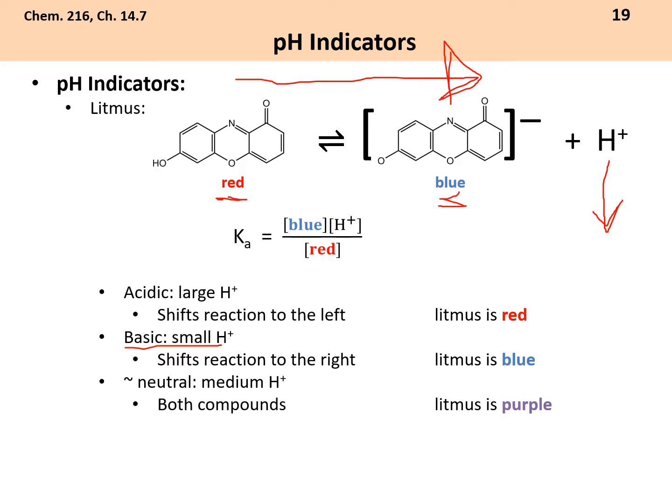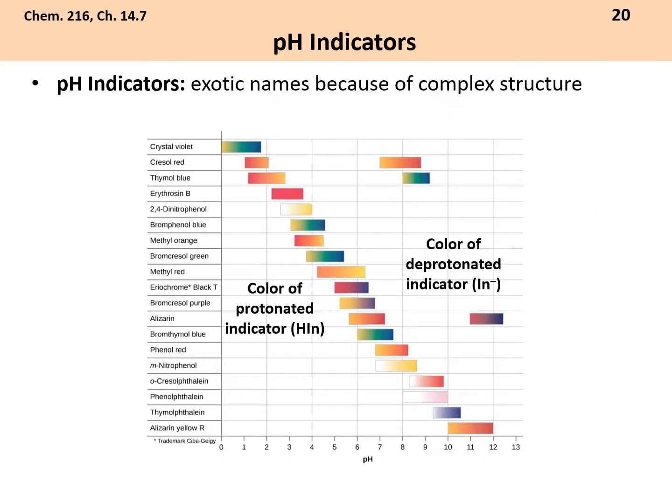If I have neutral, that means it's somewhere between acidic and basic, so I end up with a purple color because I have some of this red compound and some of this blue compound. This is a good pH indicator if I want to tell if something is either acidic or basic. That's why we have litmus paper. There end up being a lot of different pH indicators.